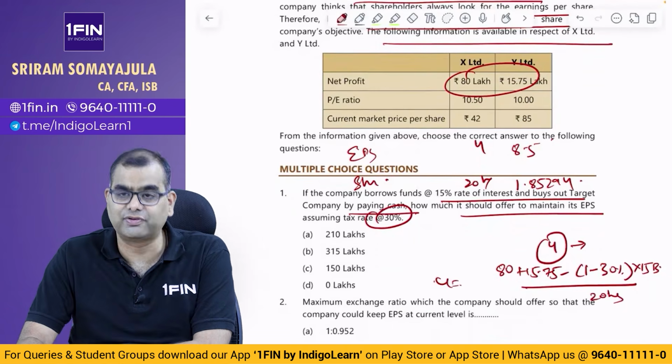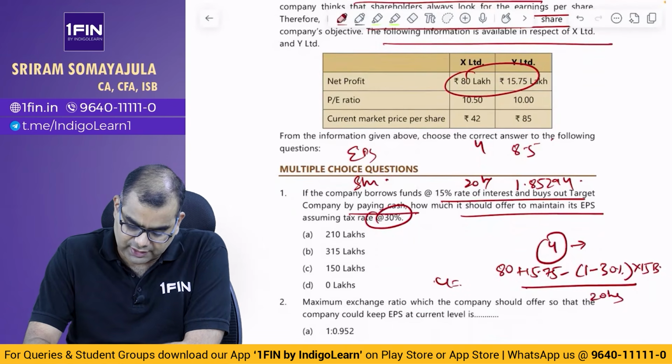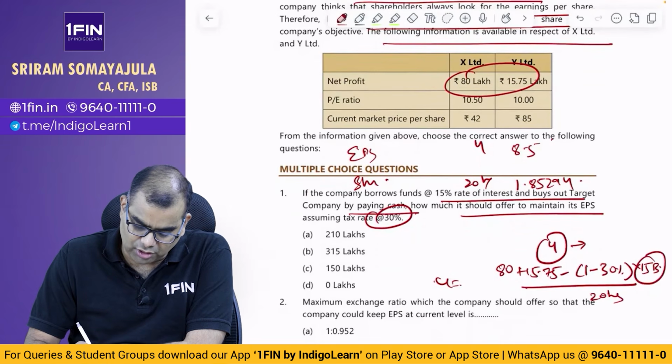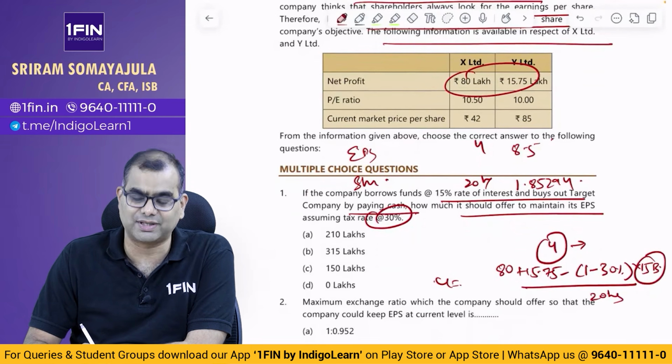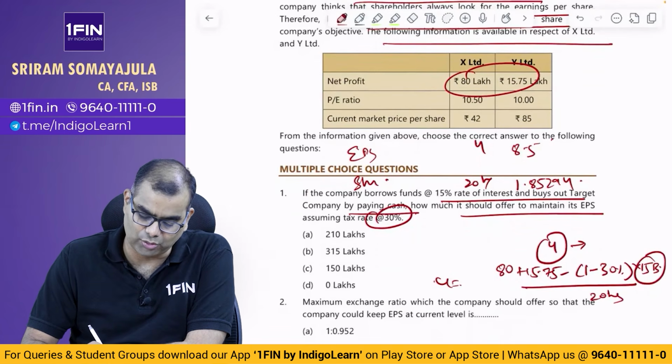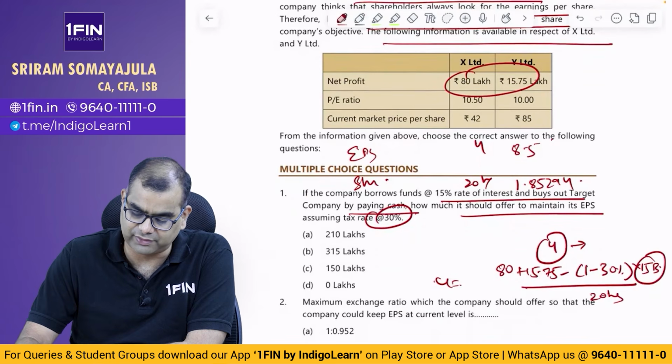You have to solve for this equation. So how much are you going to borrow at that 15%? Out of that you subtract the tax impact, and the whole thing you subtract from the total net profit.